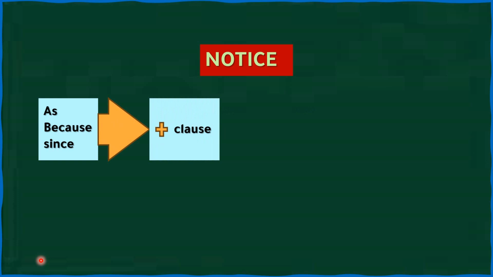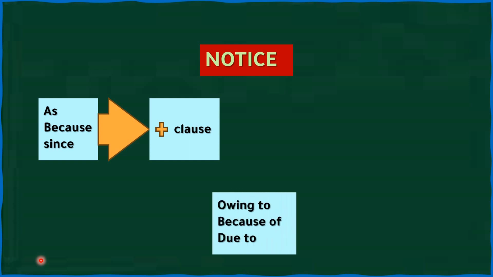When we are talking about a clause, we mean two sentences which contain subject, verb, and object. This is what we call a clause. Okay, good, owing to, because of, due to. Look at here, these expressions are different from these expressions.